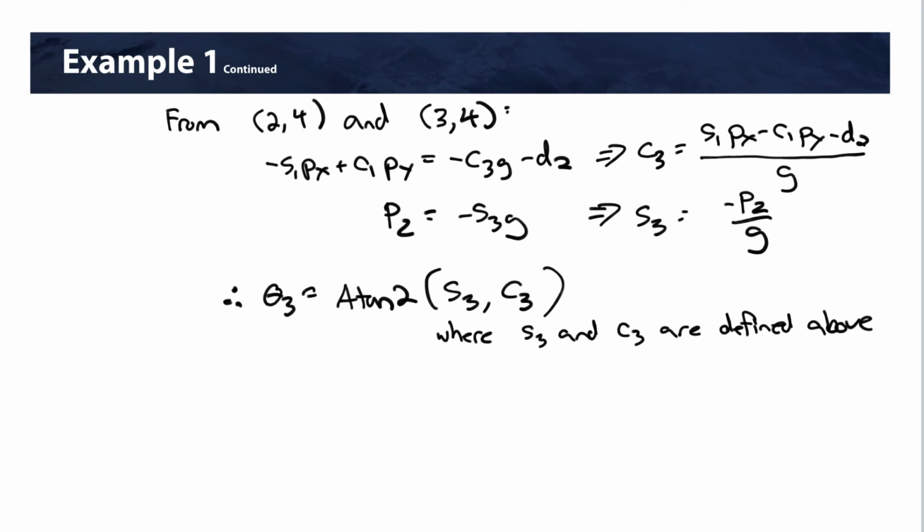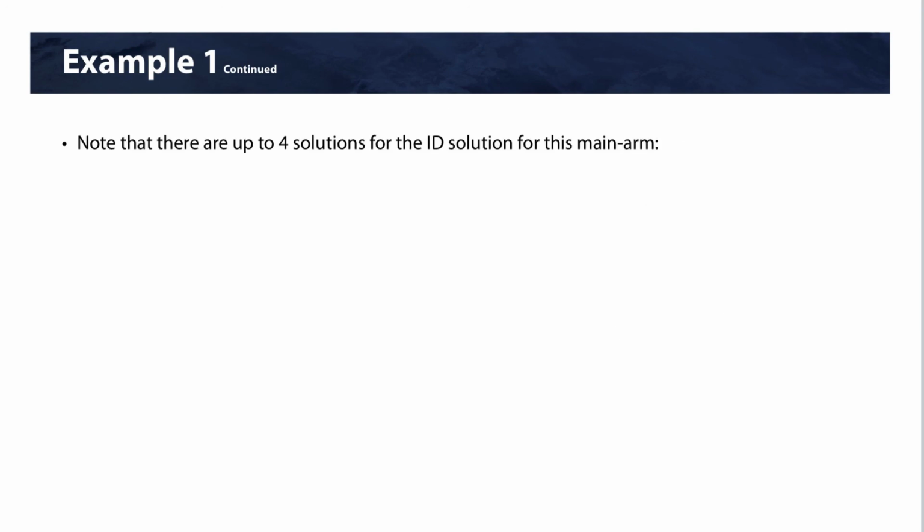So we've now found our complete inverse displacement. We found equations for theta 1, then D2, and then theta 3. One thing to note is that there are actually up to 4 possible solutions for the inverse displacement of this main arm. We had 2 solutions for theta 1, and 2 solutions for D2.